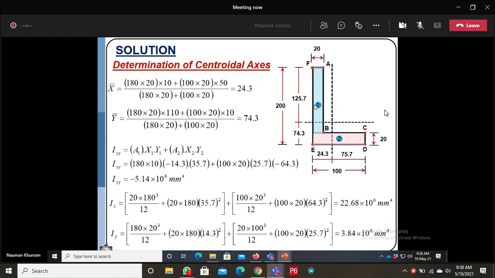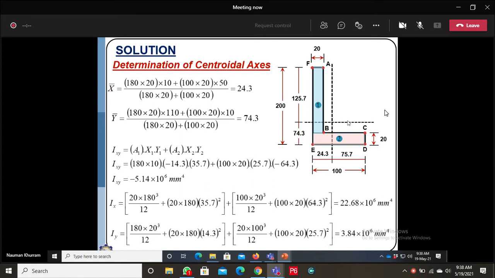The difference of their two x-axes will be the moment arm in the y direction. So area 20 into 180, and the difference of the x-axis of area 1 to the net area, which we have already computed, is 37.5 square.